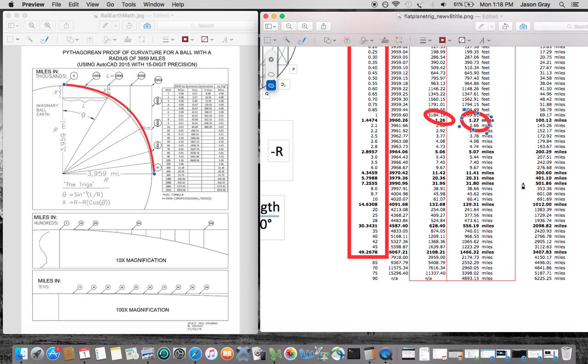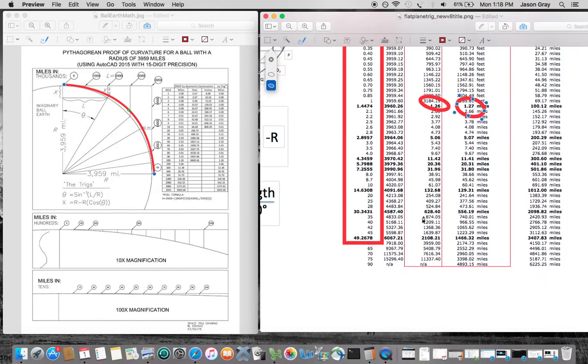At around 2 degrees to almost 3 degrees, it starts diverging. The numbers start diverging more rapidly as you go up. At 3 degrees the values are a little bit different, and as you get to 49 degrees, they're way different, like 2,108 miles compared to 1,466 miles.